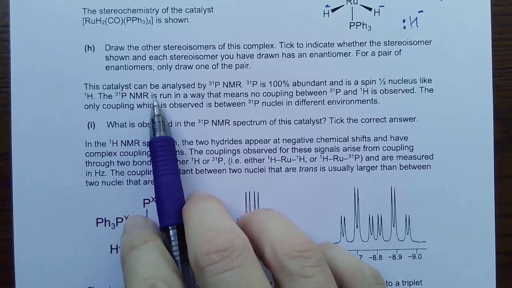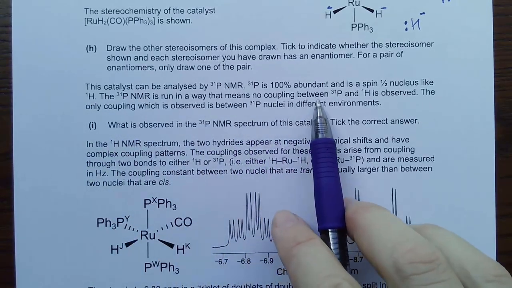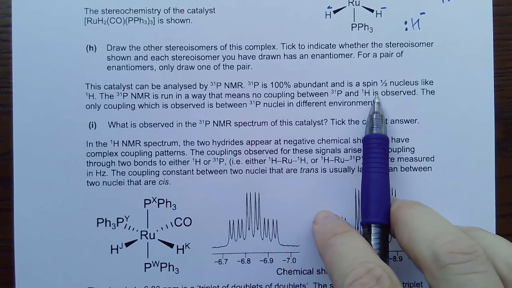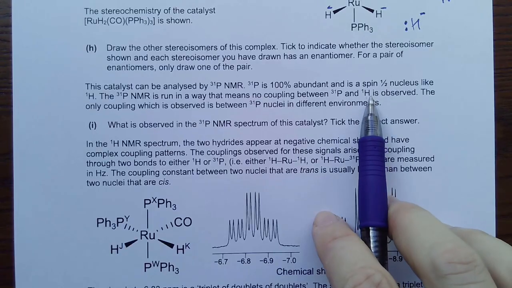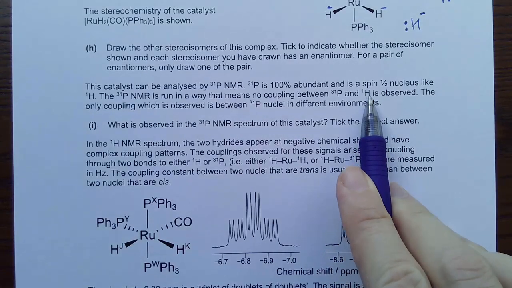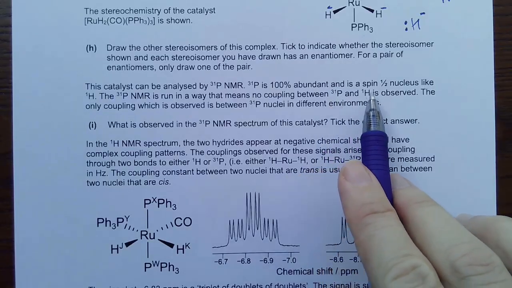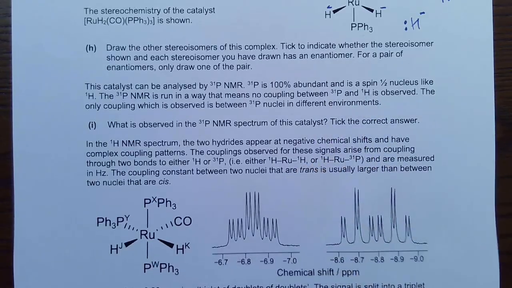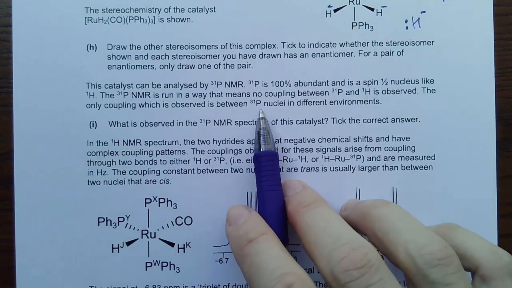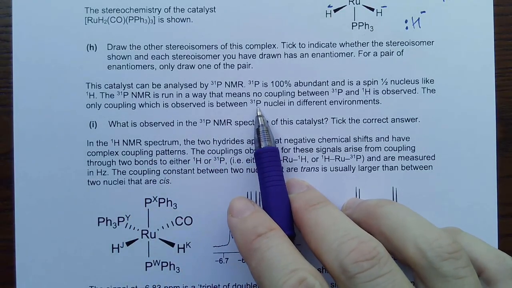The phosphorus NMR is running in a way which means there's no coupling between 31P and 1H, so they're not going to split each other. In a high resolution proton NMR spectrum you will get splitting because of adjacent protons, but here you're not going to get splitting due to these two being next to each other. The only coupling which is observed is between phosphorus nuclei in different environments.